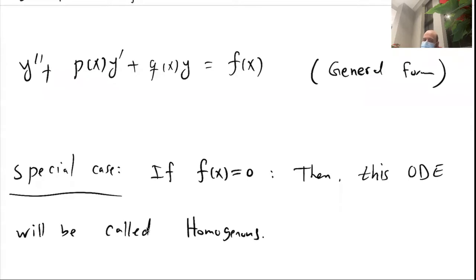For example, if you have a third order ODE where the right hand side is 0, where there is no term without y in it, then that's called a third order homogeneous ODE, and similarly for higher orders.